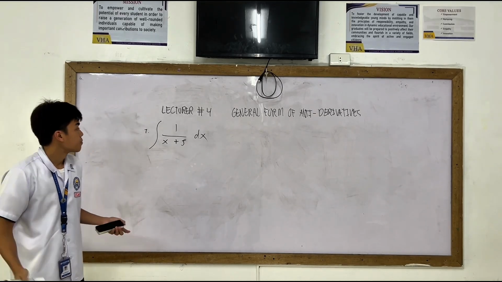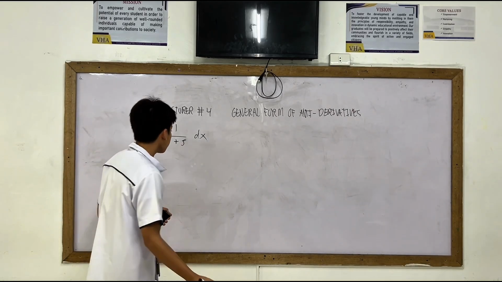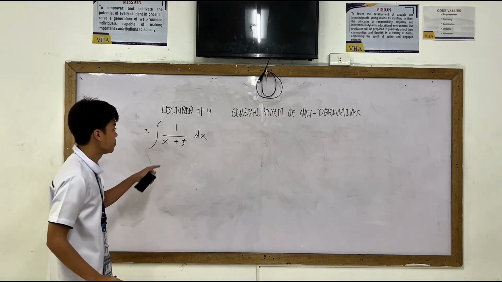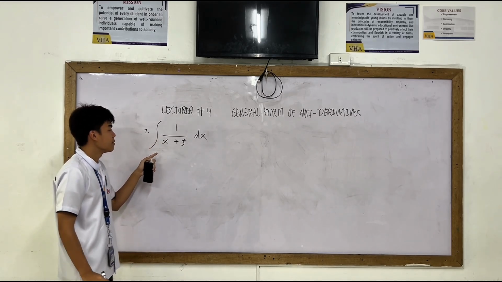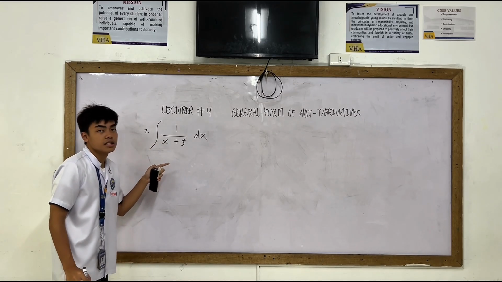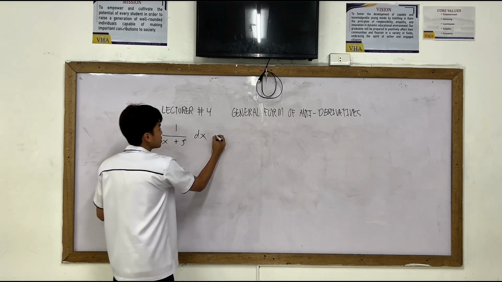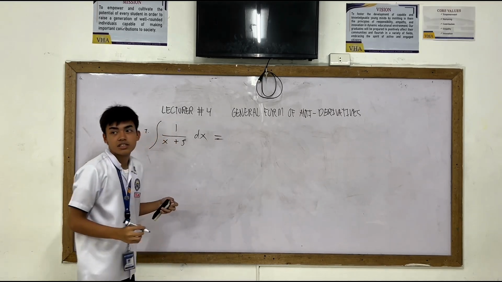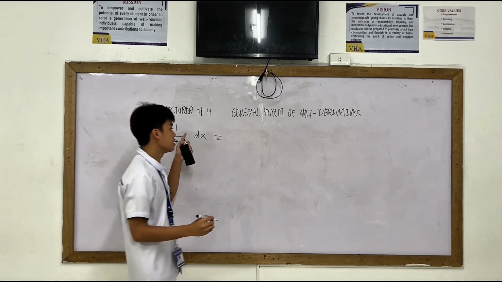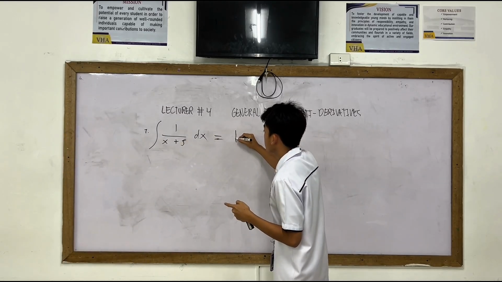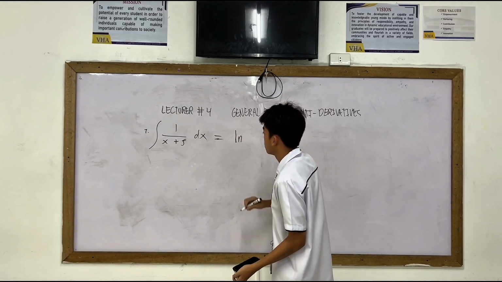So over here, it has a numerator of 1 and denominator of x plus 5. As you can see, our numerator is 1, so it will not show.